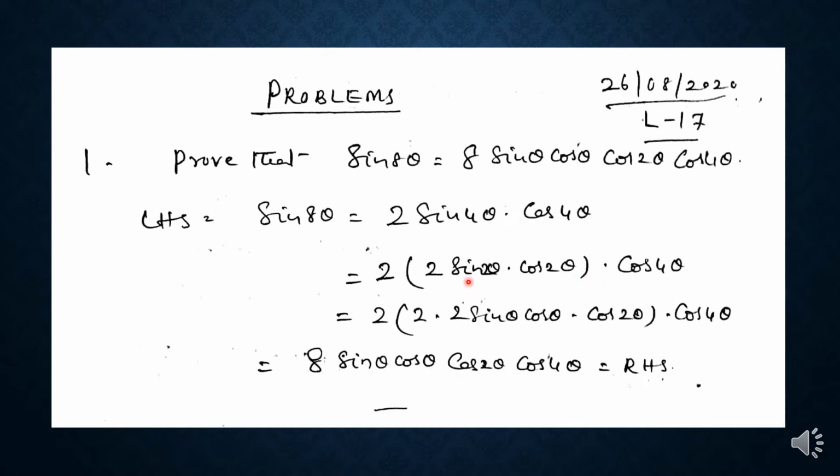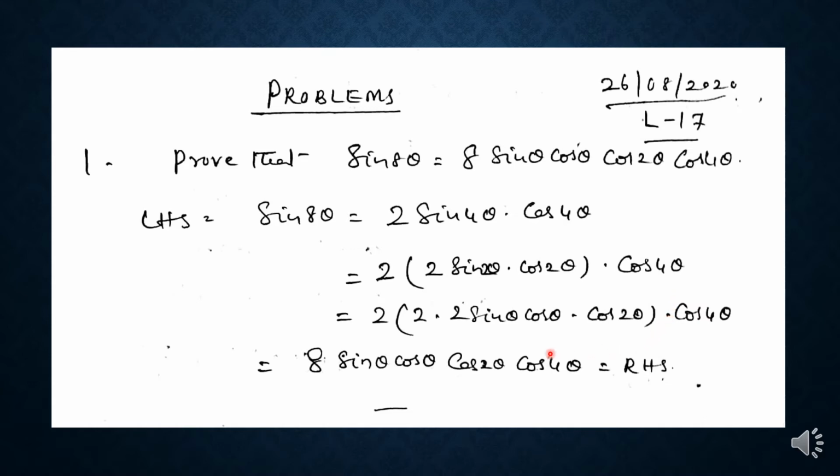Again, this sin 2 theta can be written using the formula sin 2a is equal to 2 sin a into cos a. So here sin 2 theta can be written as 2 sin theta into cos theta into cos 2 theta into cos 4 theta.